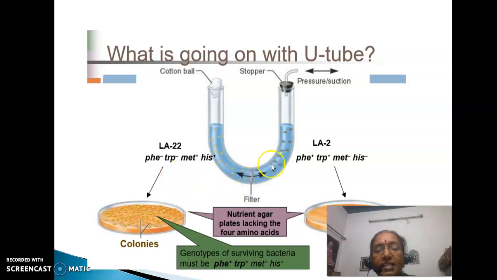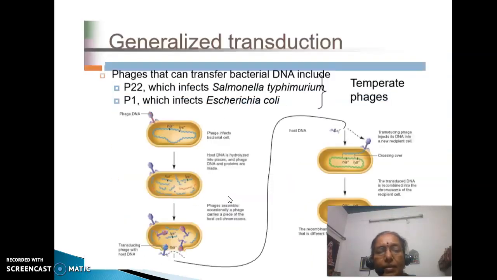So because of this, there is a transfer of bacterial genes from La2 to La22, and that is the reason why we are finding the recombination happening and the colonies are growing on plates which are lacking all four amino acids. So this is how the generalized transduction has been discovered.